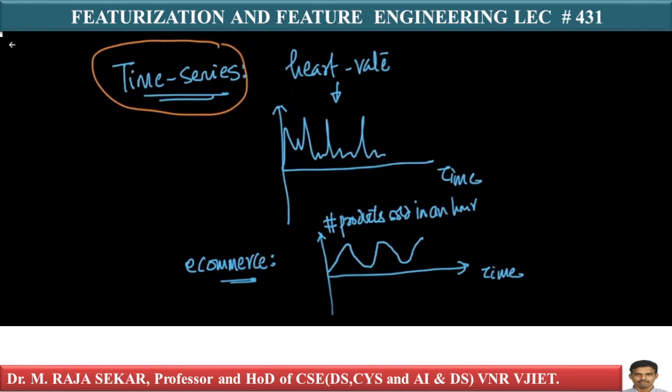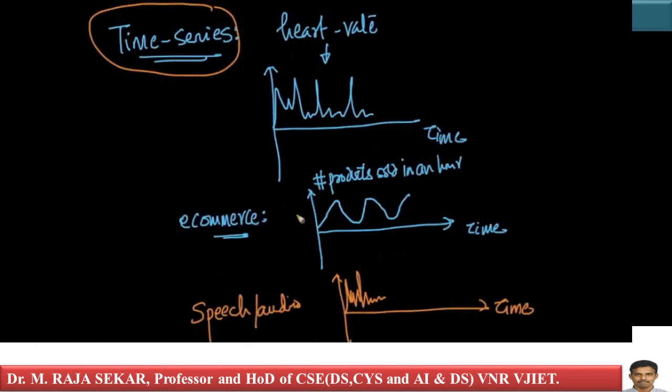Time series data occurs a lot in the real world. Heart rate is one example, e-commerce is another example, and speech is a very good example, because any audio can be represented as a time series, a time signal of waveforms like this, and so on.